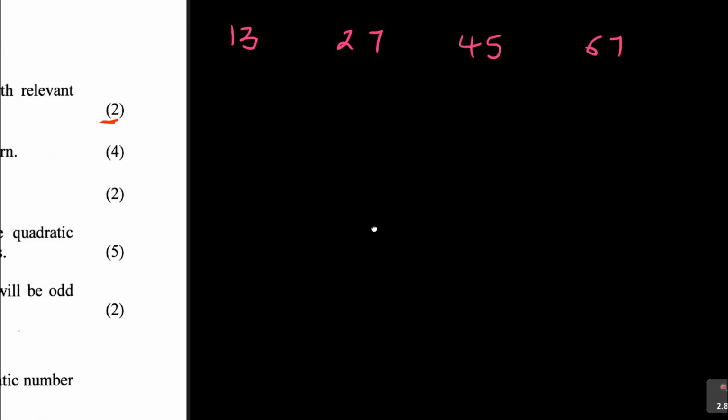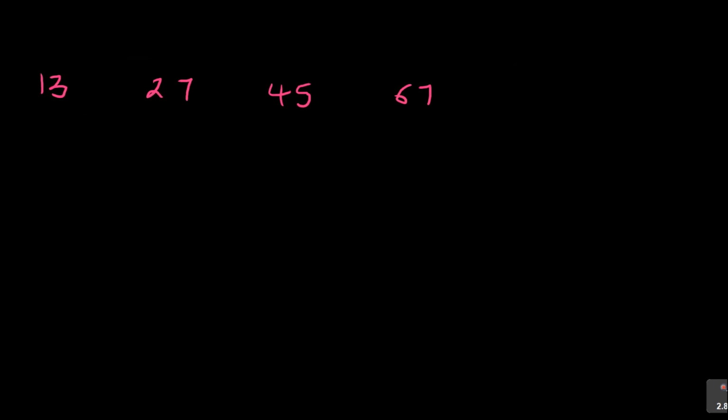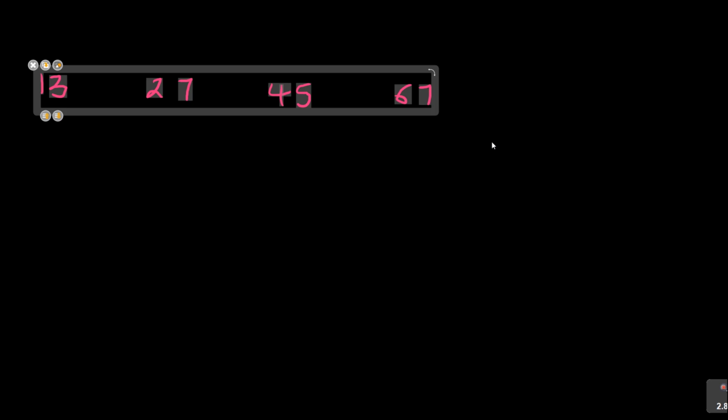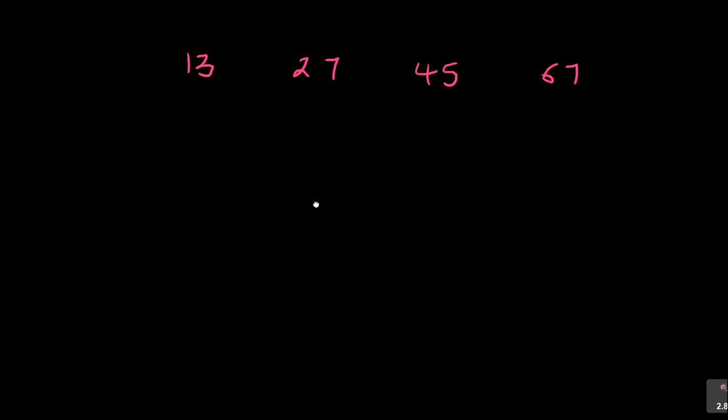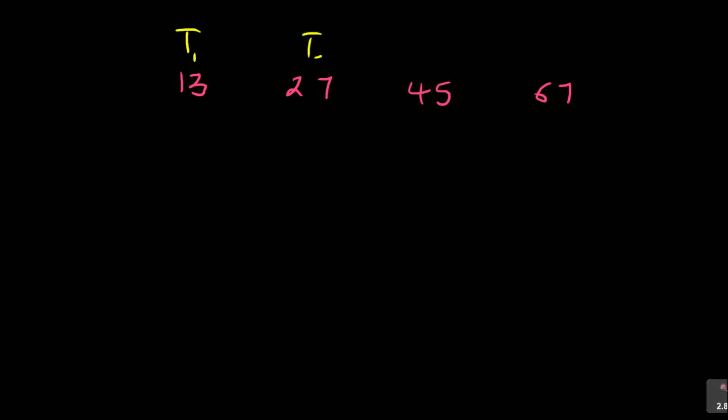Whenever they are checking your knowledge of quadratic patterns, what you need to do is to grow this pattern. Remember, what I have here is my T1, which means term 1. This is my term 2, that's my term 3 and that is my term 4.